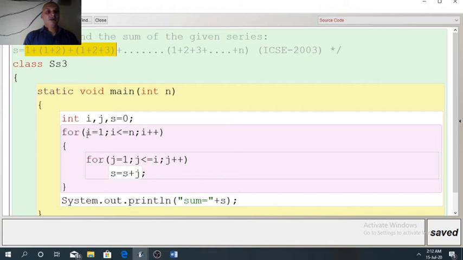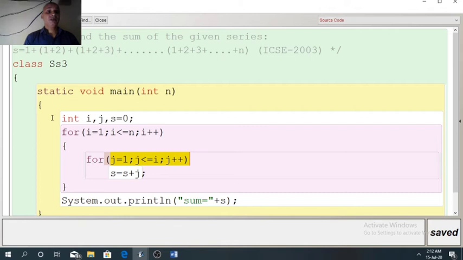These are the 3 terms of the series. When i equal to 1, 1 less than or equal to 3 is satisfied, it will go inside the body. Now the j loop is required to find how many terms are there in every term of the given series.